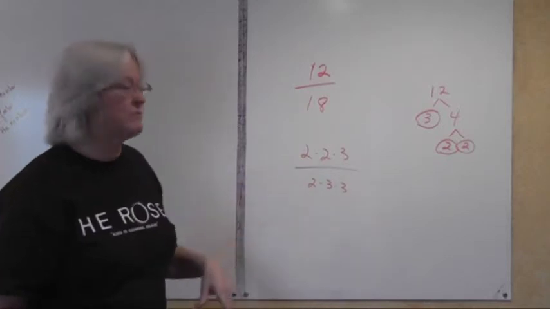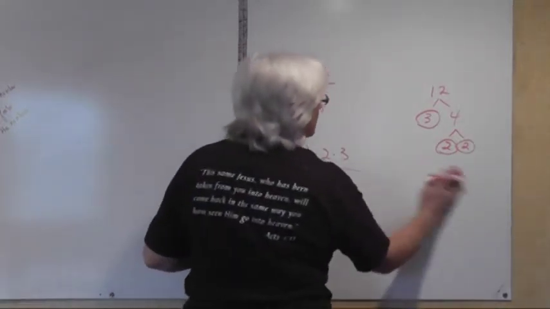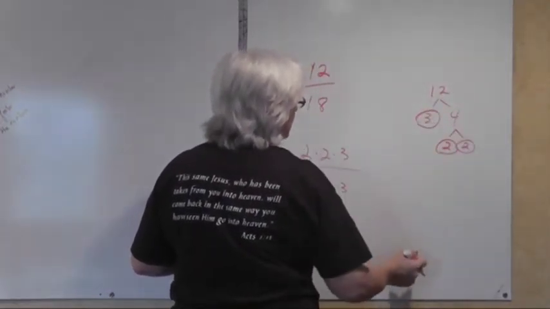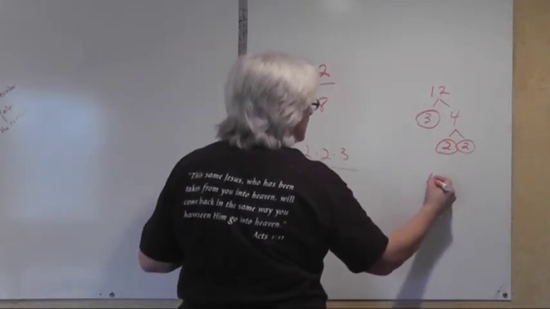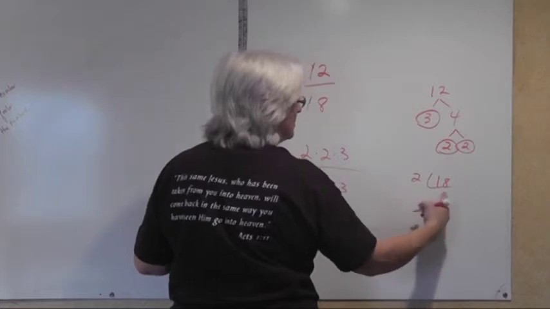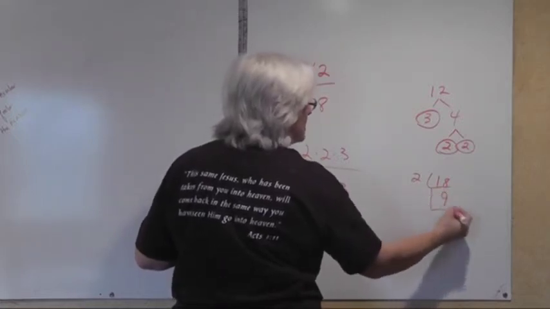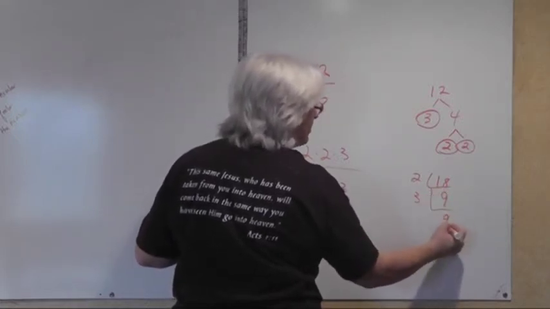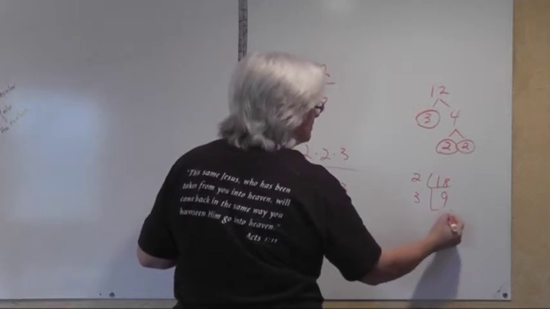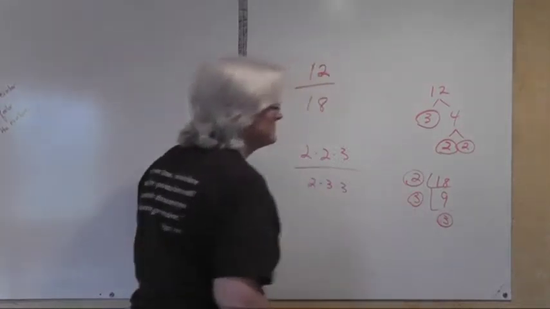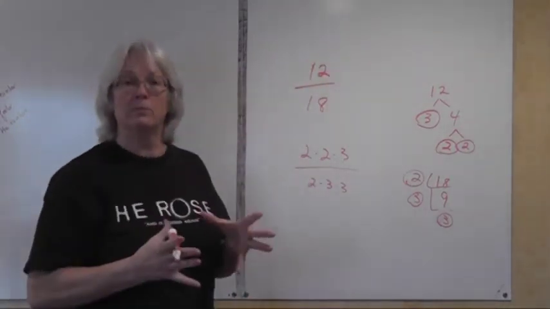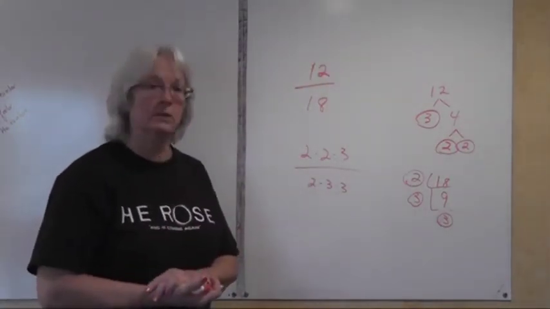You can also prime factor 18 by using the factor tree or by using upside down division. 2 goes into 18 9 times, 3 goes into 9 3 times. When you have all of your outer numbers being prime numbers, your factorization is complete.